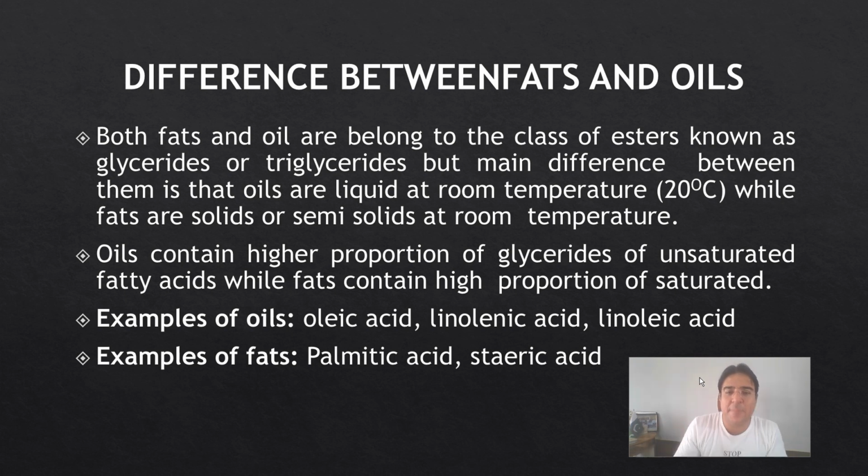This is the difference. Chemically, they have both, but the oils have more alkenes, double bonds, and fats have more single bonds. If you ask me, I'm not a doctor, but as a chemist, I'll tell you the saturated fatty acids are better for you because they don't polymerize once they go into your body.